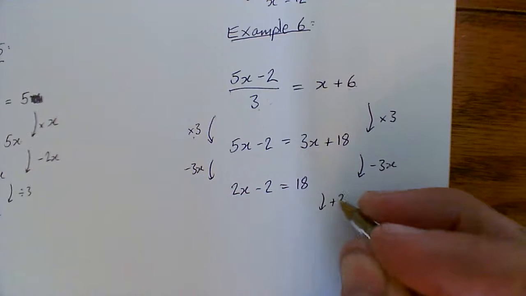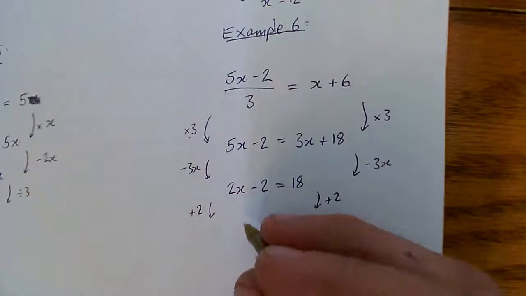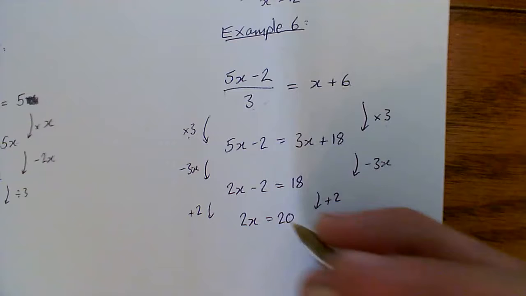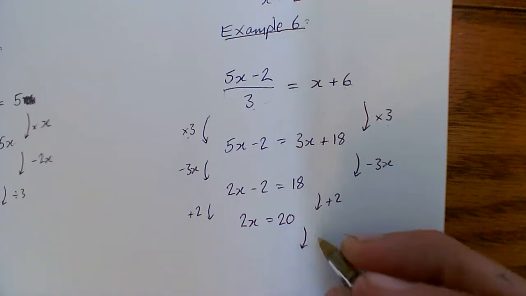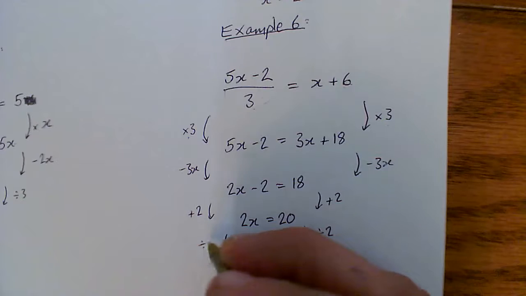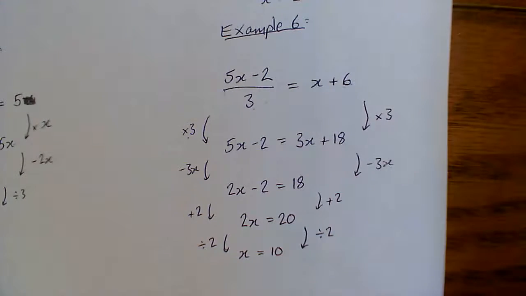Adding 2 to both sides. Now, if by this point you're bored of drawing arrows on both sides and you're feeling confident, you can stop that. I'm doing that just to make it clear. And here we're dividing by 2. And so x equals 10.